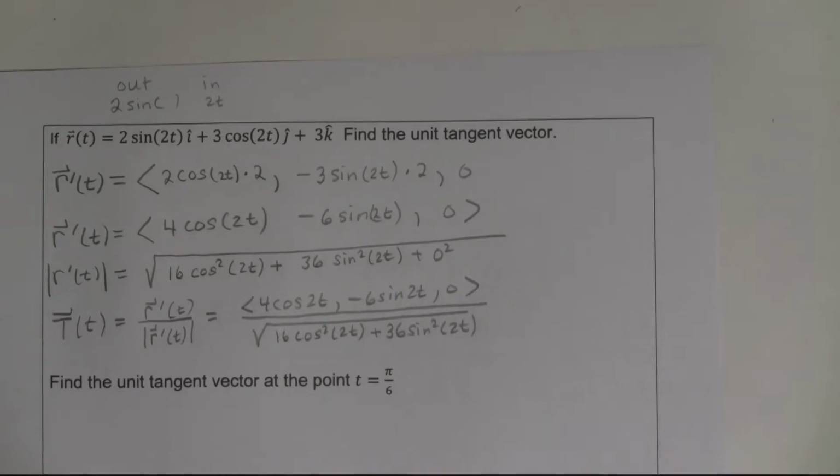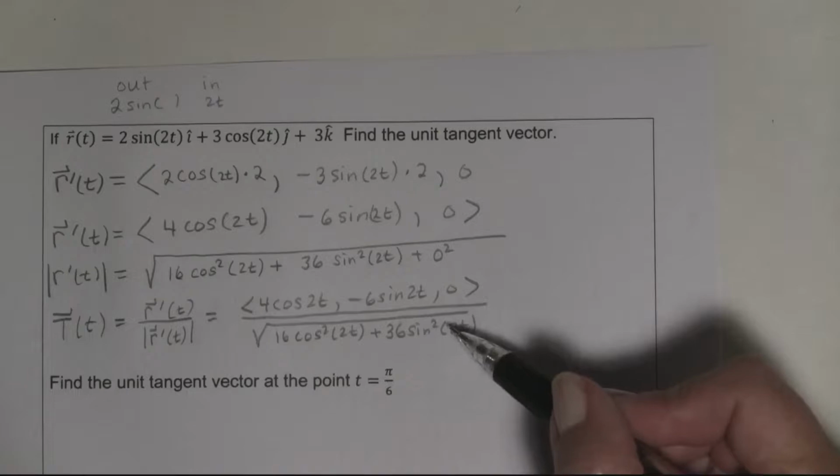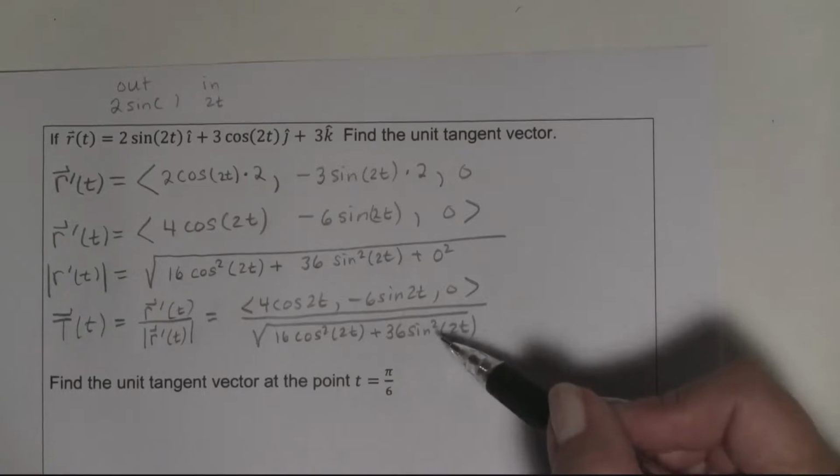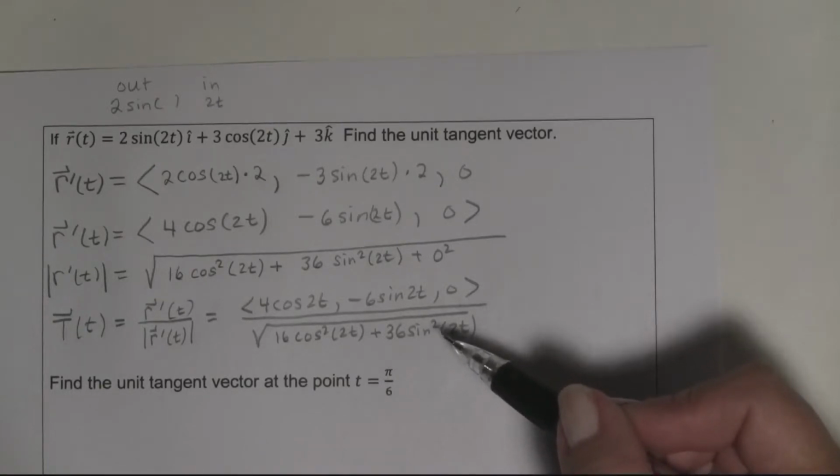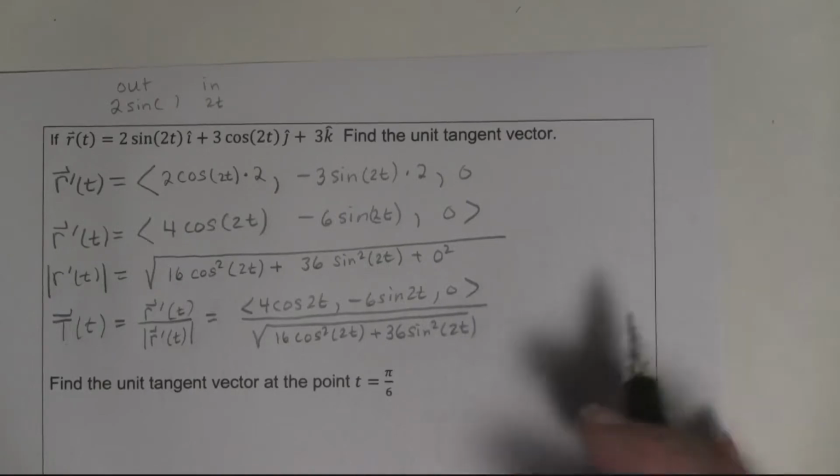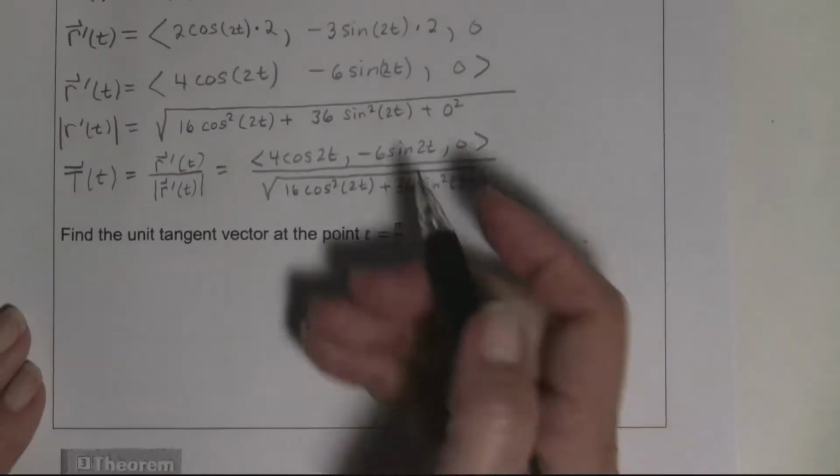Now, they're asking me to find the unit tangent vector at a point, pi over 6. And so we can definitely do that. I wouldn't be tempted to put it back in here. All the t is pi over 6, although that would give you the right answer. But you do you.